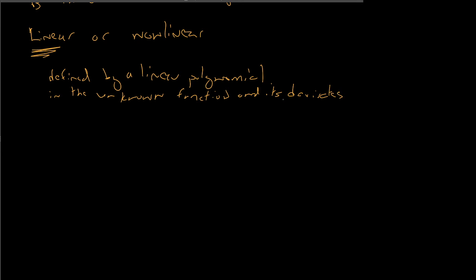For derivatives, I'm just going to put D or V right now. So we have a polynomial that's linear. So we have the order of it, and this can be some function in x. It's okay that x is in here, and x can have any powers or anything as long as the unknown function only appears in its derivatives.